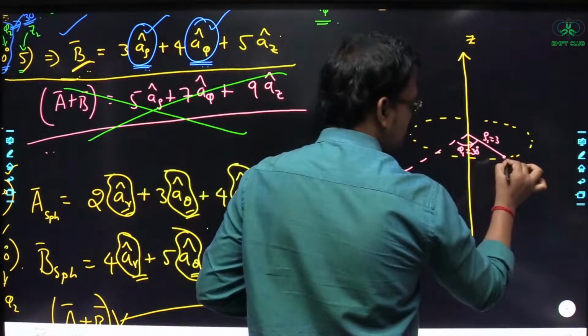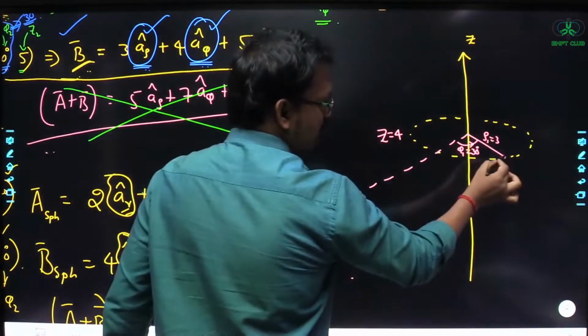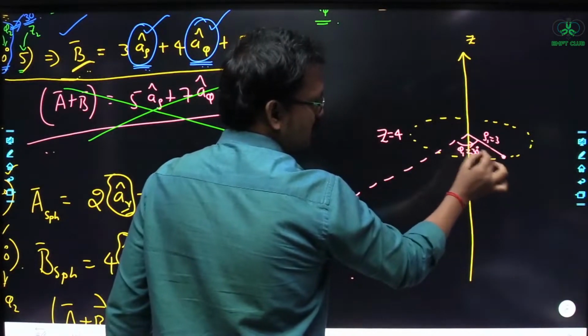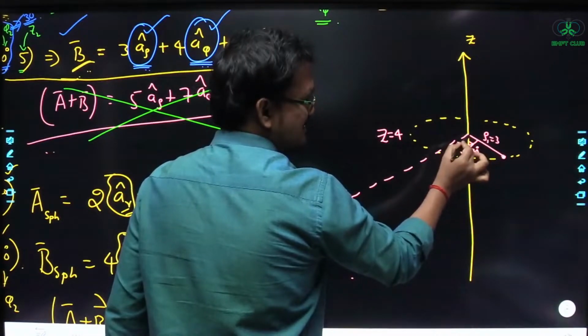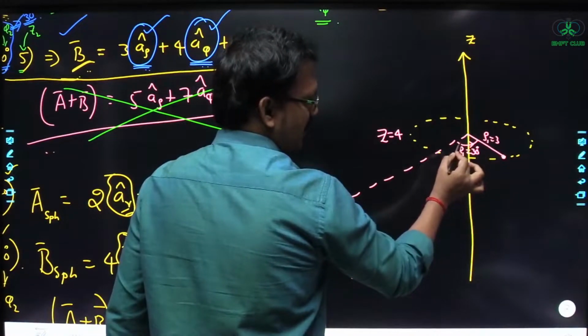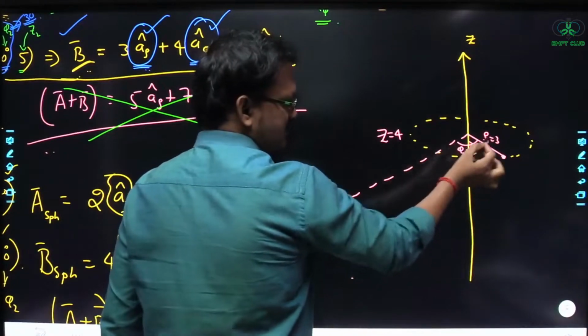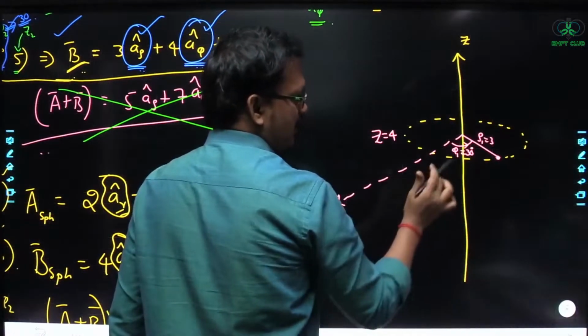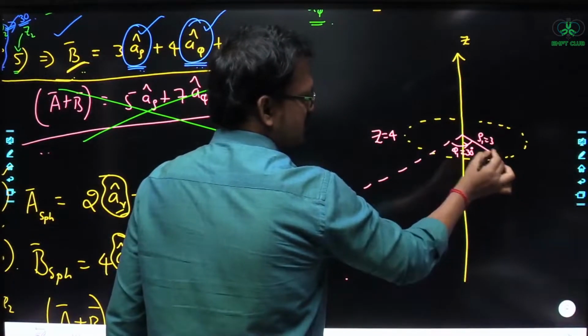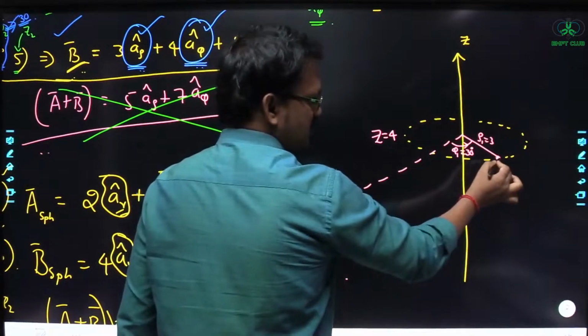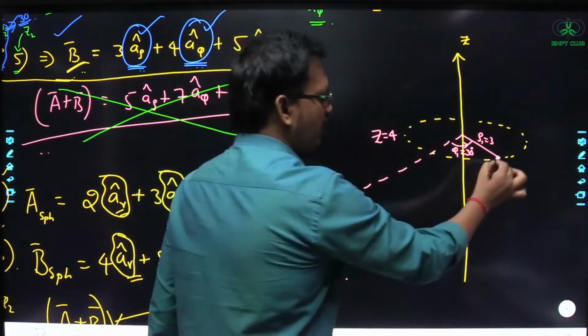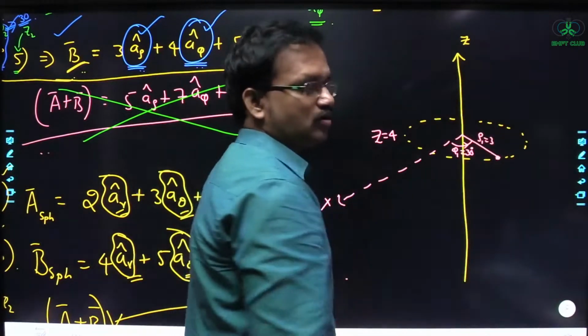So this is the point. This point is at a normal distance of 3 units from the z axis, and it is at an angle of 30 degrees with respect to the x axis. This point is present in the z equal to 4 plane, that means the z value is 4. So this is the point I have located in the cylindrical coordinate system.